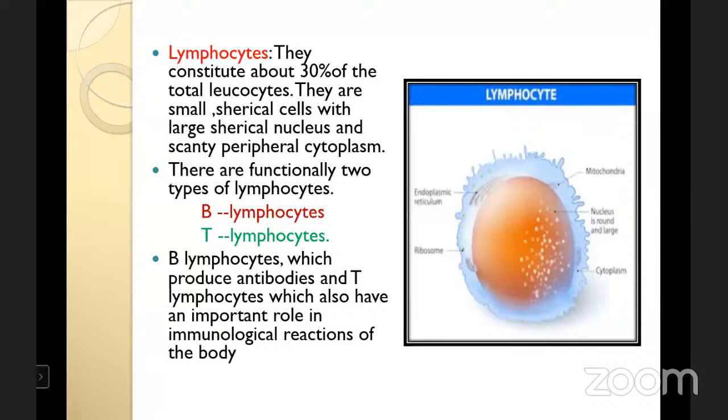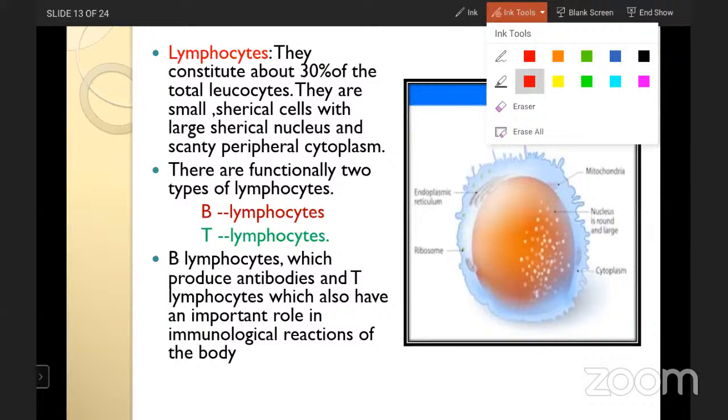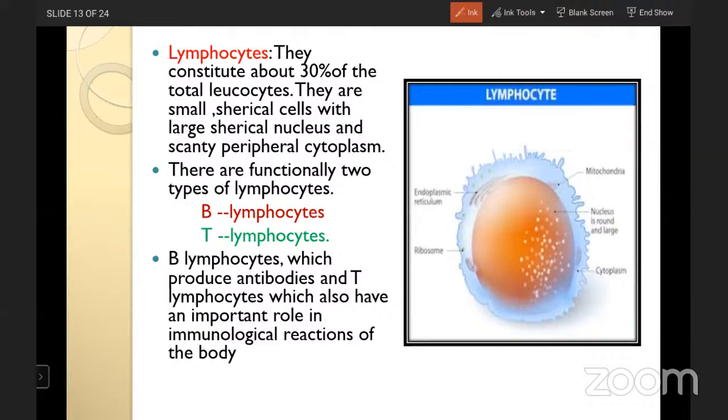Now coming to the lymphocyte. Lymphocytes constitute about 30% of the total leukocytes. They are small; when we are observing the WBC cells, lymphocytes are very small in structure. Spherical cells with a large spherical nucleus.